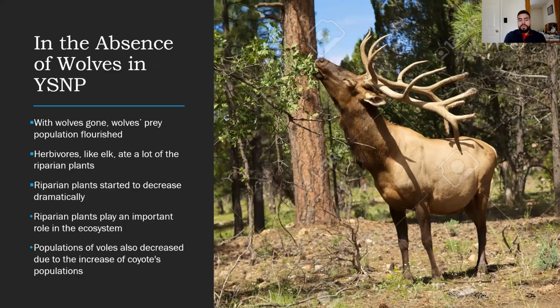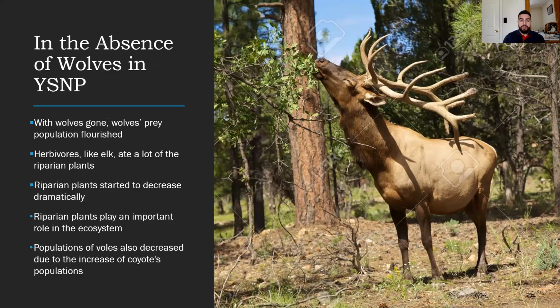So in the years from 1935 to 1995, when wolves were removed from the park, species populations were affected differently. Because wolves fed on ungulate browsers like elk, when wolves were removed, the elk population started to grow increasingly. And the problem with that is that because the elk population was growing too large, whatever they ate was decreasing.